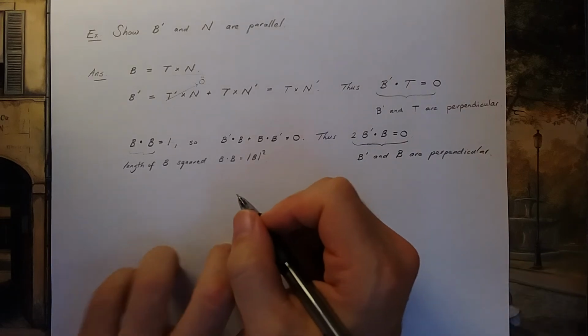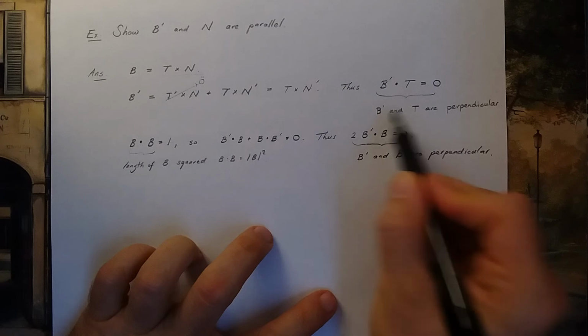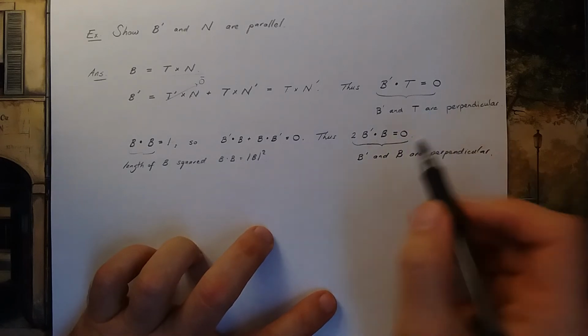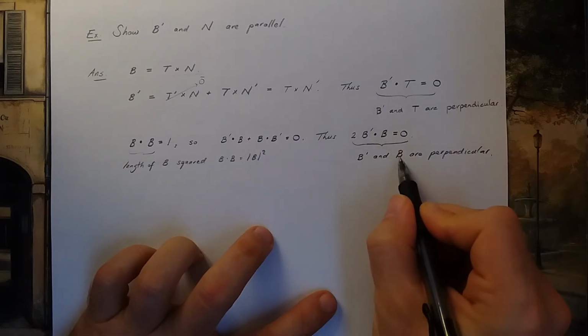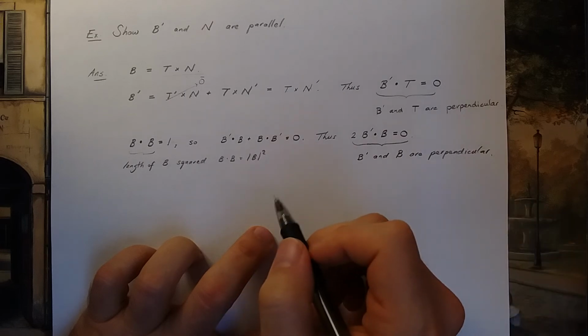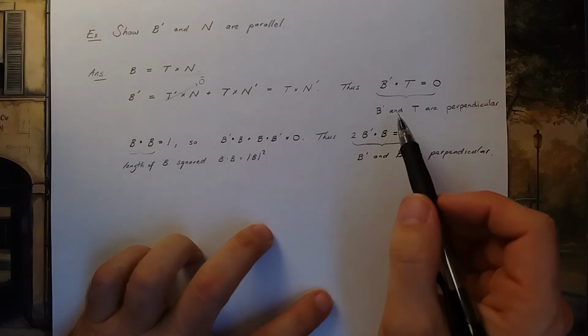Okay, so here's the situation. B prime and T are perpendicular. B prime and B are perpendicular. If we're in R3, there's only one choice.